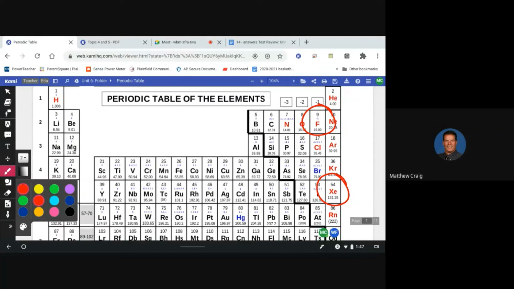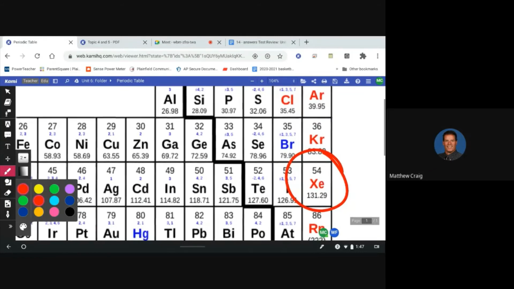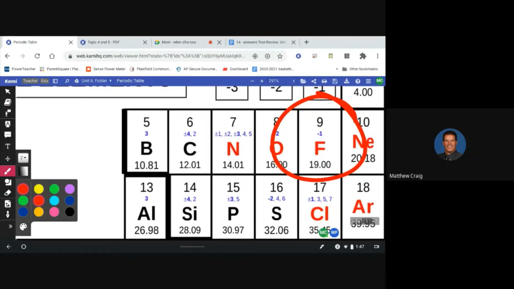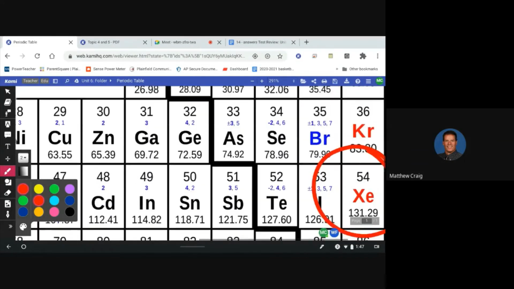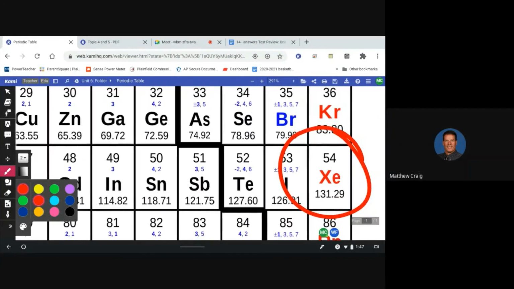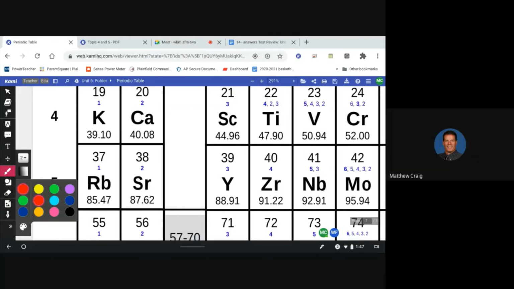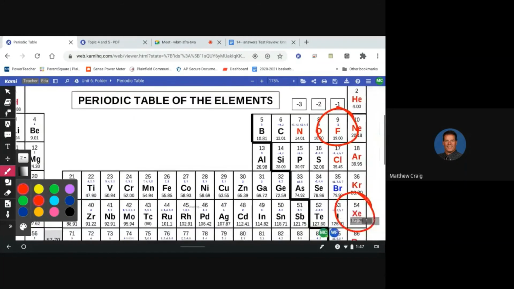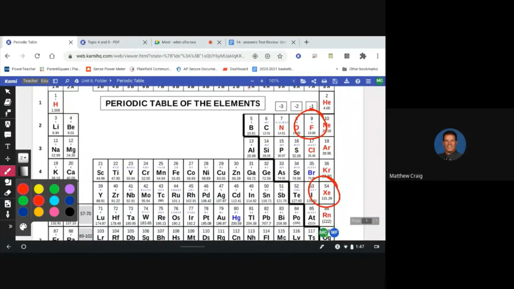Look how ginormous xenon is versus how small fluorine is. In this case, it is true that xenon has far more protons, but what level are we in? Is that the 5th row? Yeah, 5th row versus the 2nd row. So the atomic radius is so much smaller.